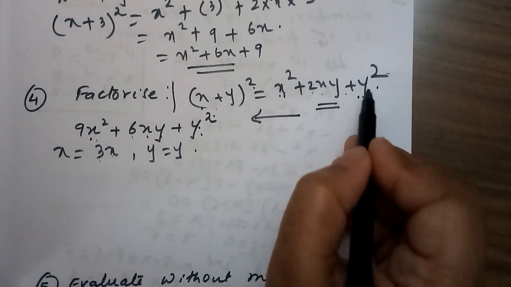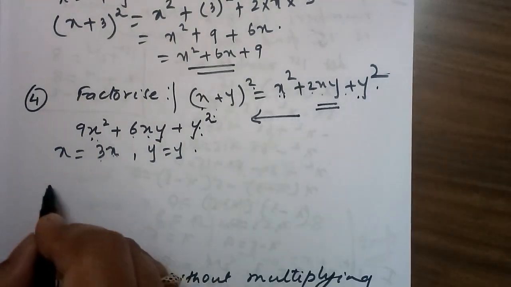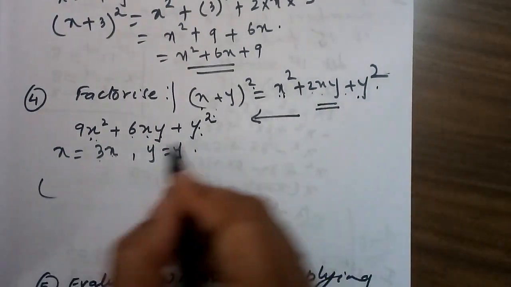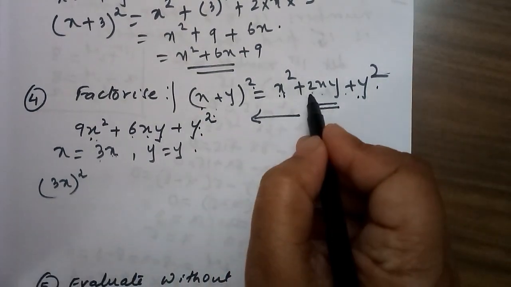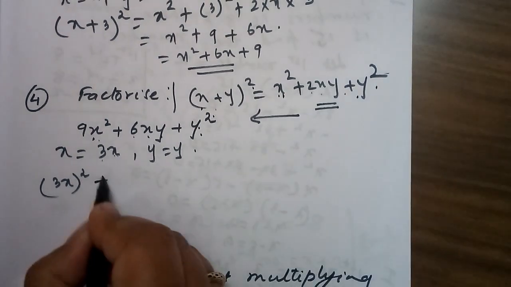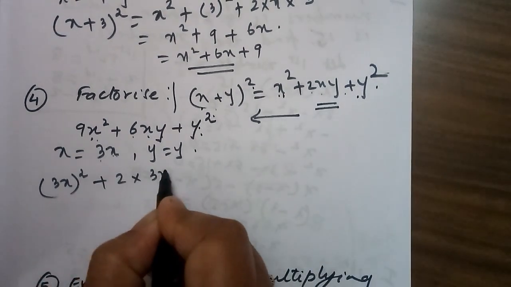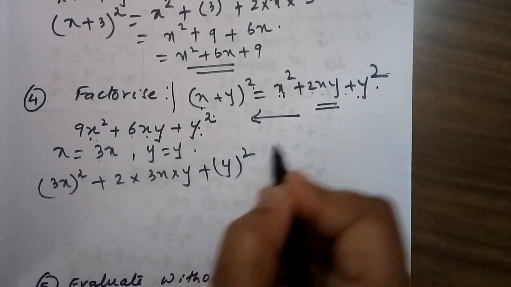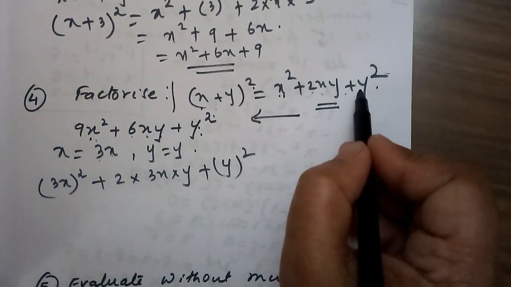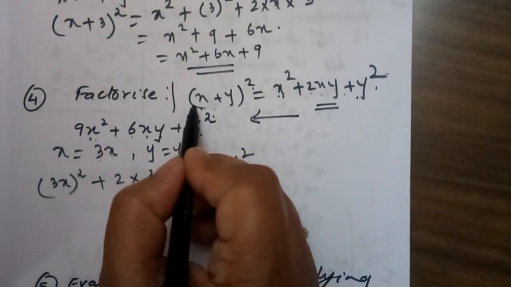Now I come to the right hand side of my identity over here. It says x square, my x was 3x, so 3x whole square. Next it says 2xy, so plus 2 into 3x into y plus y square. Please remember, I am moving from the right hand side to the left hand side.